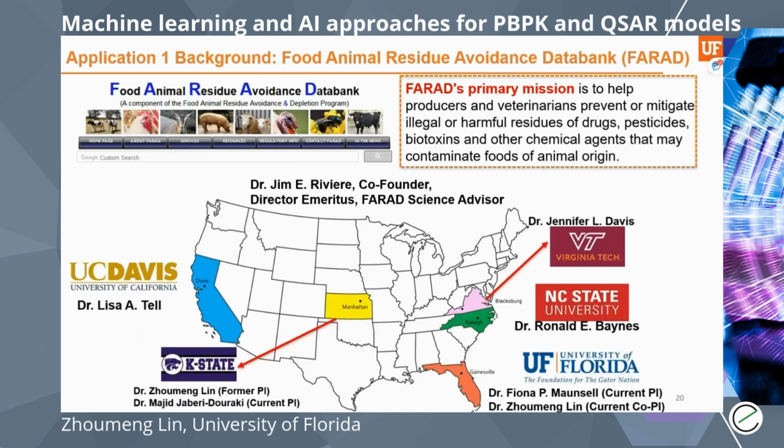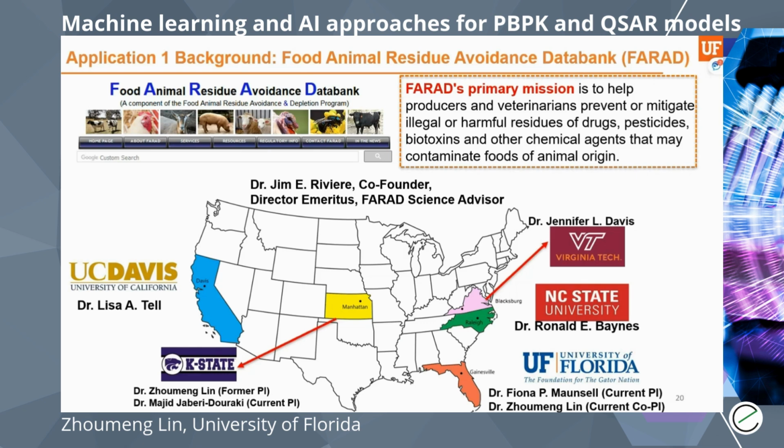In the US, the US Department of Agriculture has been supporting a program called the Food Animal Residue Avoidance Databank, with the objective to help producers and veterinarians prevent or mitigate illegal or harmful residues of drugs, environmental chemicals, or other chemical agents that may contaminate foods of animal origin, with the ultimate goal to protect food safety.